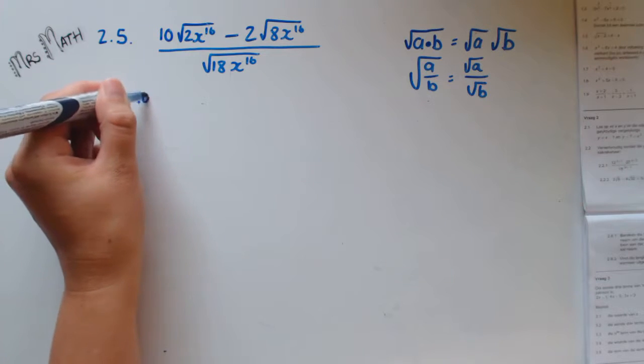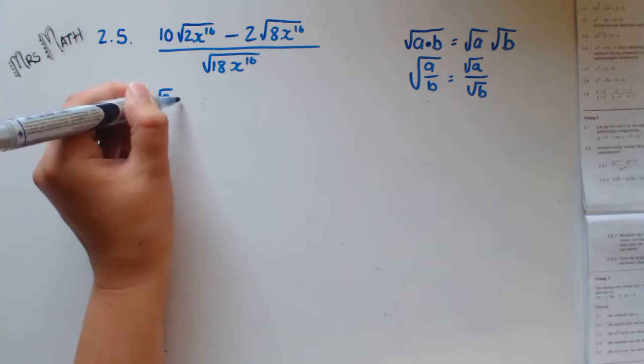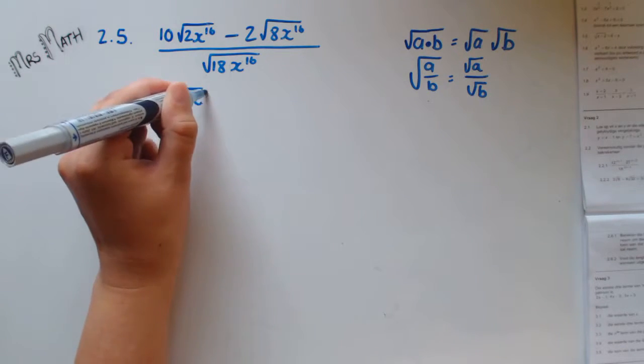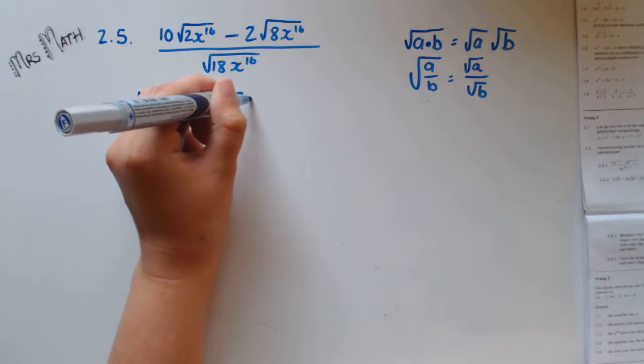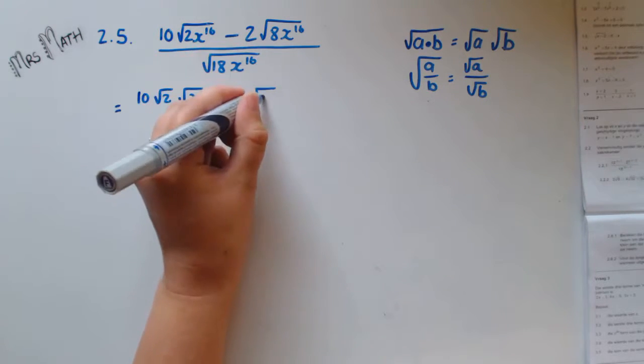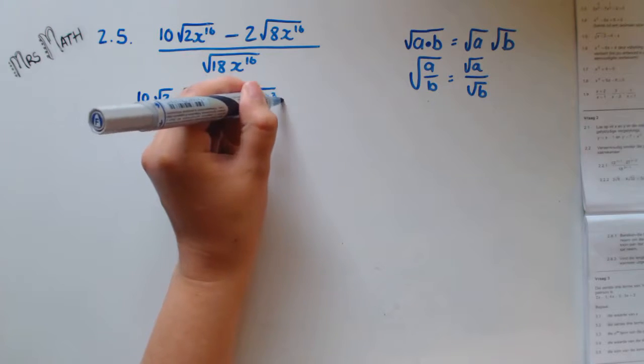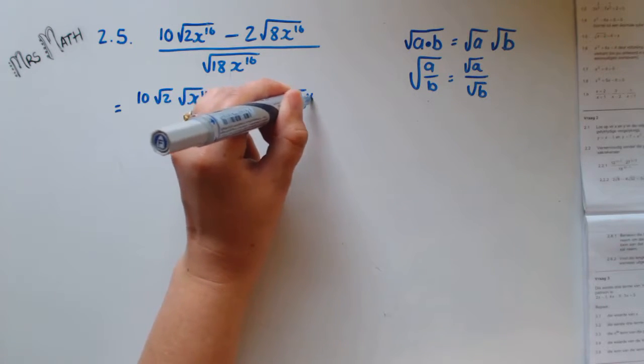So I've got 10 root 2 root x to the power of 16 minus 2 root 8. I'm going to make that 2 to the power of 3, and x to the power of 16.